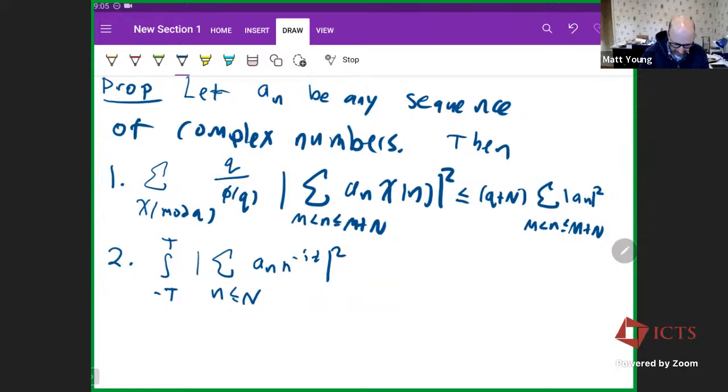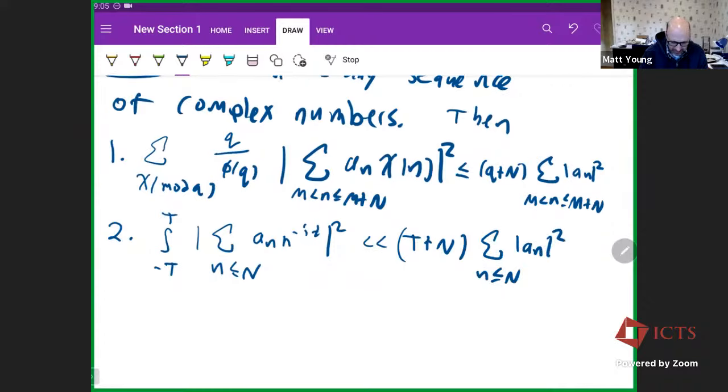But here it depends how big n is. Anyway, you take the integral from -T to T of the sum of a_n n^{-it}, squared, and this is bounded by (T + N) times the sum over n up to capital N of |a_n|^2. This latter bound is called the mean value theorem for Dirichlet polynomials.